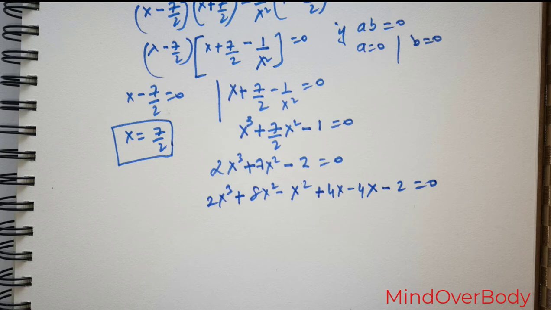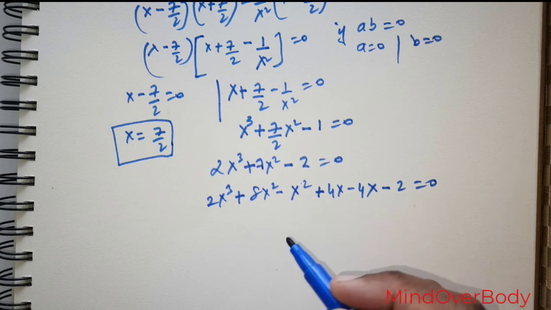Because my main objective is to get the roots, that's the reason I'm handling the situation in this fashion. Now next, I would like to choose the terms properly. I will have to make the clubbing. I have to take the terms in the manner in which they can be solved.